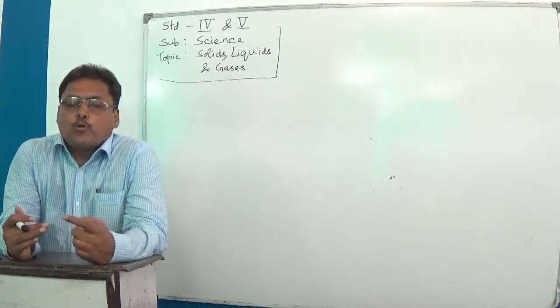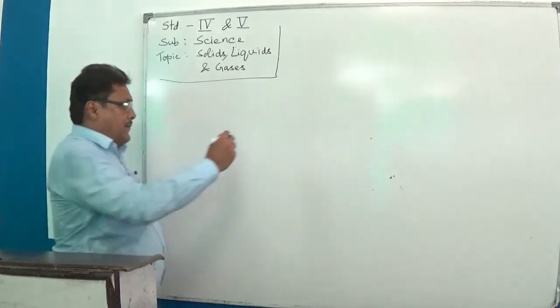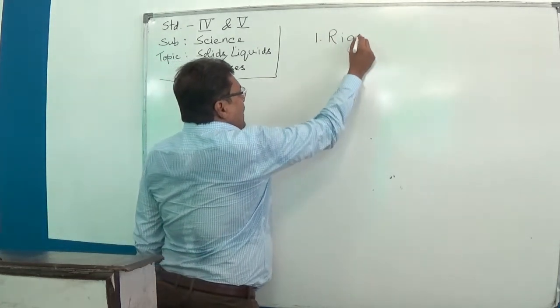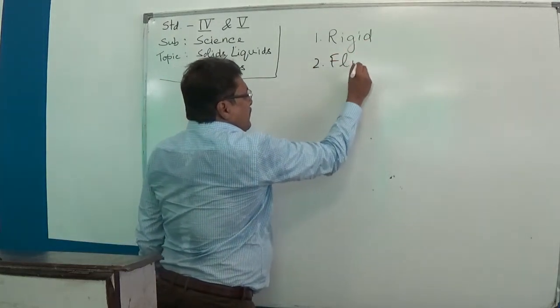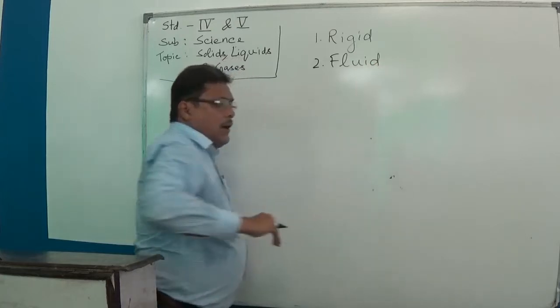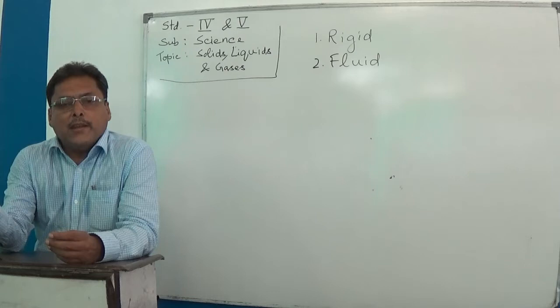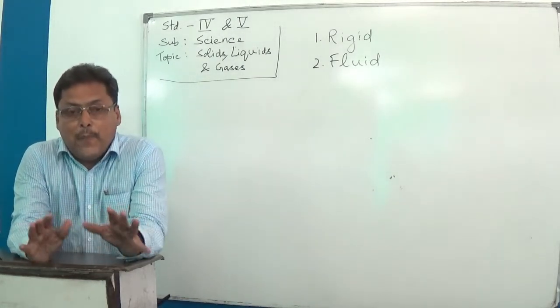So we will talk about 2 more words now. One is rigid and one is fluid. Rigid means anything that is unbendable.